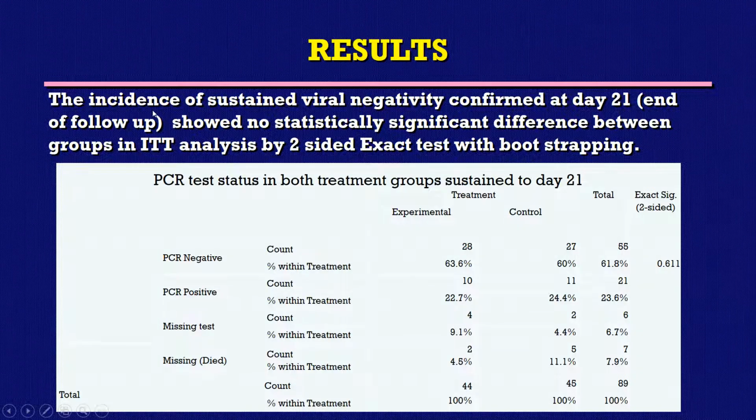The incidence of sustained viral negativity confirmed at day 91, end of follow-up, showed no statistically significant difference between the groups in intention to treat analysis by two-sided exact test with bootstrapping.